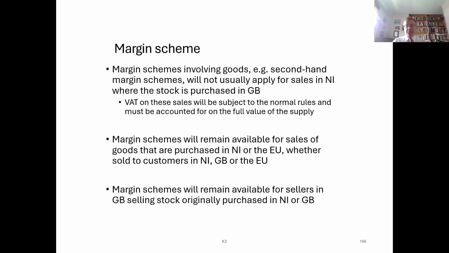However, margin schemes will remain available for sales of goods that are purchased in Northern Ireland or the EU, whether sold to customers in Northern Ireland, Great Britain, or the EU. And margin schemes will remain available for sellers in Great Britain selling stock originally purchased in Northern Ireland or Great Britain. That's the margin scheme for second-hand goods.